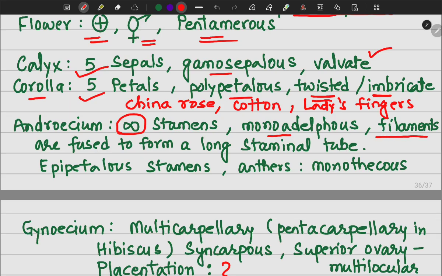The filaments are fused to form a long staminal tube. So this is a unique character of the stamens found in the Malvaceae family, where the filaments of the stamens are fused together. Usually the stamens are many in number and their filaments are fused together to form a long staminal tube.